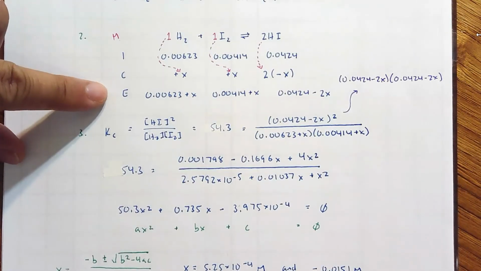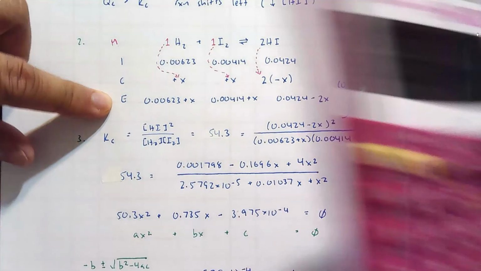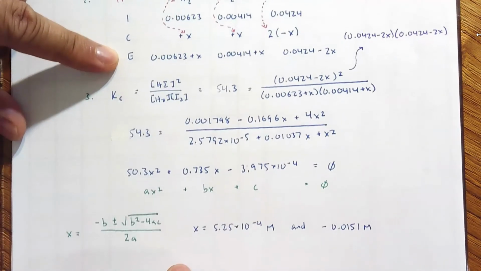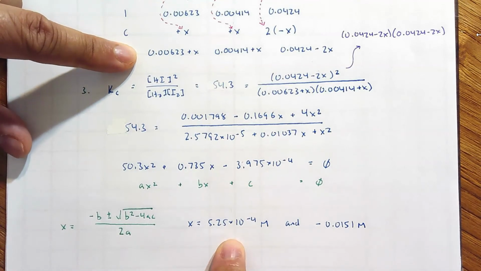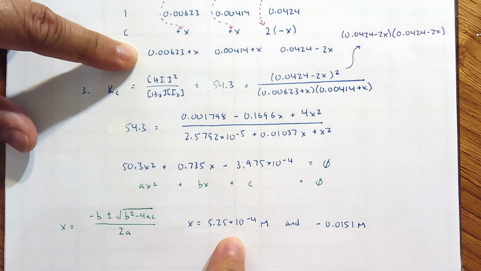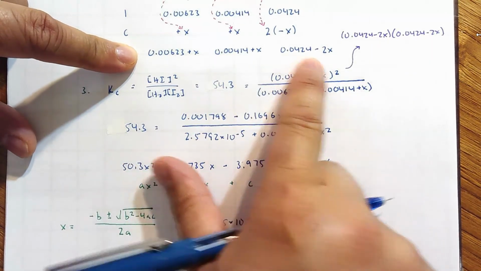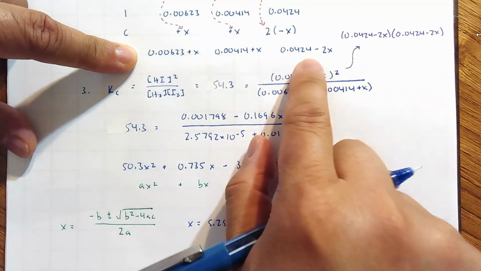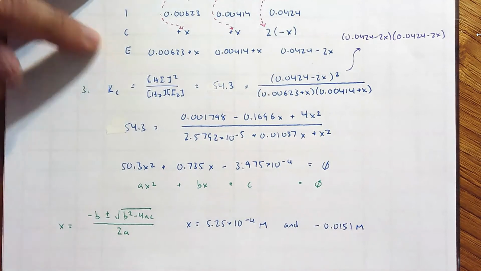Because let's take a look at our equilibrium expression, equilibrium concentration. It does make sense that if we take this number plus x, we get a positive concentration. And this one plus x, positive. This one, well, we multiply this by 2. Yeah, this will be positive as well. But look what happens if we use this number.